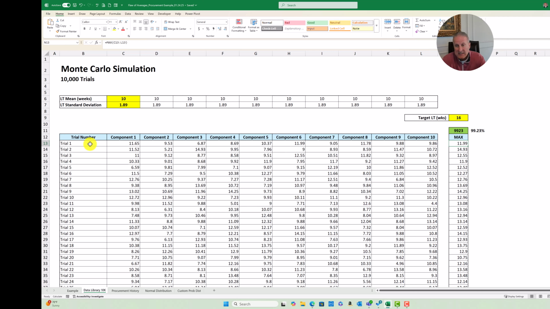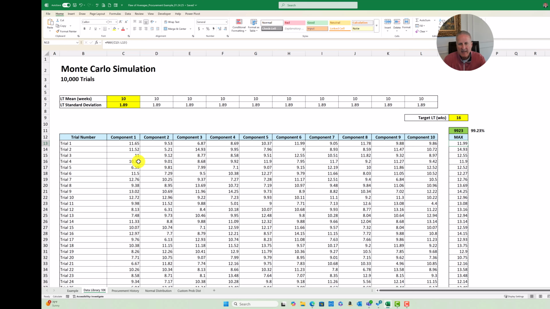It's about 12 weeks. Now you can see if you look individually, I have some of these that came in within the 10-week window that I would need in order to be able to get this done in 11 weeks. Component 2 came in at 9.53. Component 3, it's about 6.87. 8.69 for component 4. 9.05 for 7, 9.88 for 9, and 9.86 for 10.